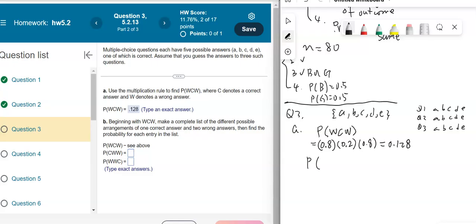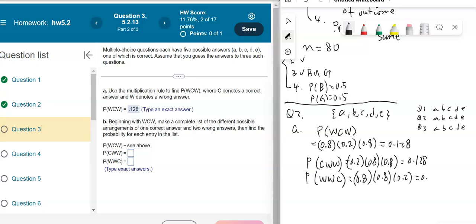How about the probability of correct, wrong, wrong? So this is correct is 0.2, wrong is 0.8, wrong is 0.8. Well, actually you have the same numbers there, so it is actually 0.128. How about the probability of wrong, wrong, correct? Probability of wrong is greater, 0.8, 0.8, 0.2.